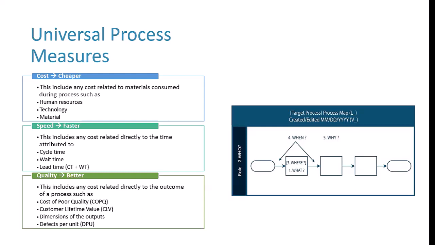So you can see in this quality one, I added a few more. You can talk about customer lifetime value. That's a better one for service organizations than, let's say, defects per unit, which would be typically more manufacturing. Because defects per unit, just so everyone knows, when you're in a service organization, let's say financial services, insurance, something like that, I've seen as high as 85 defects per unit that goes out.